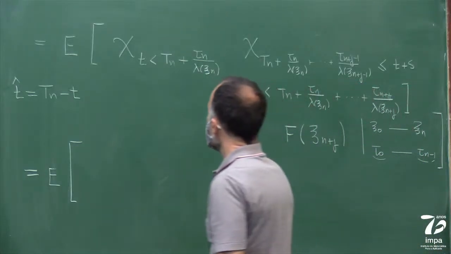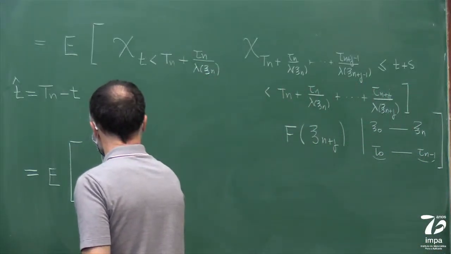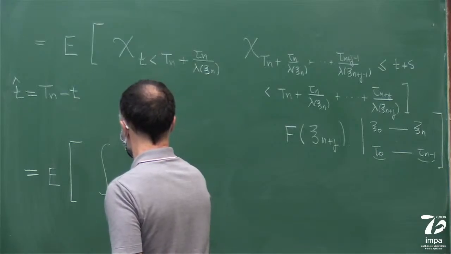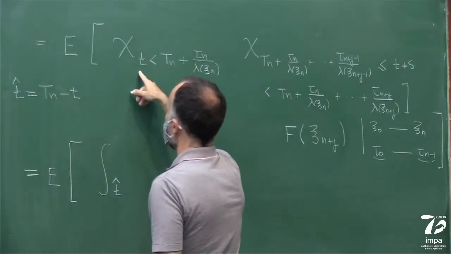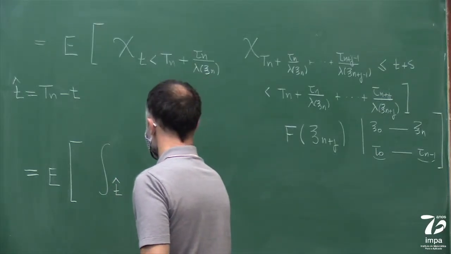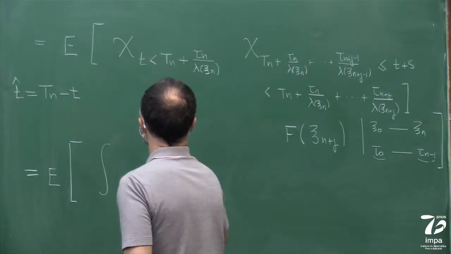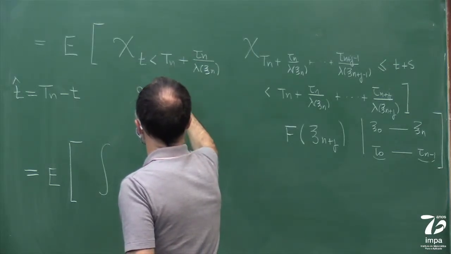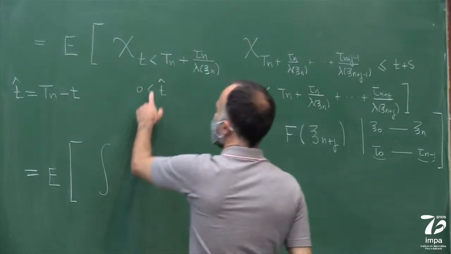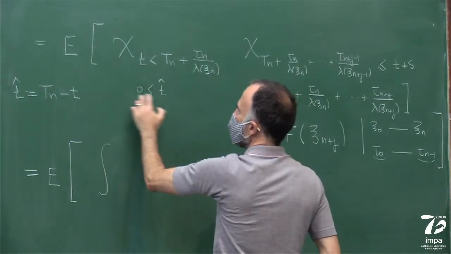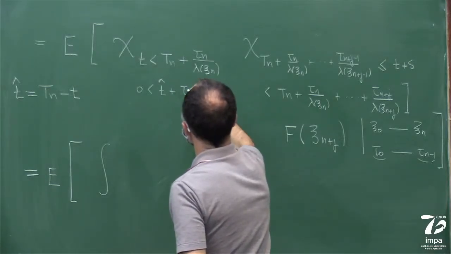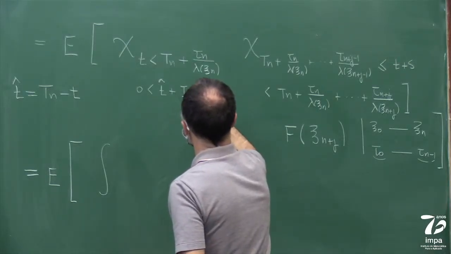So this is equal to the integral of, so this expectation becomes this inequality, it's tau n minus t, but this is what I called tau hat, plus tn lambda psi n.